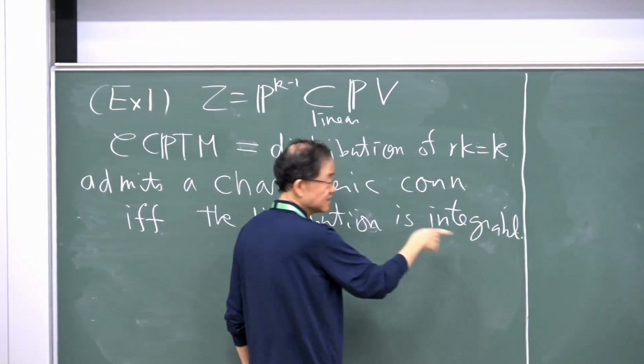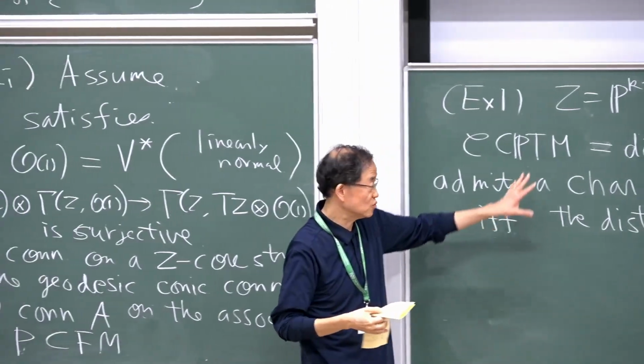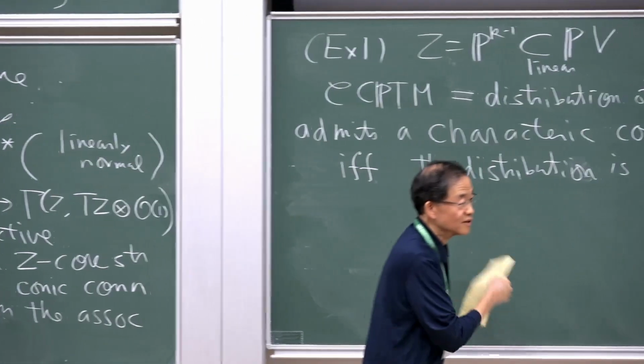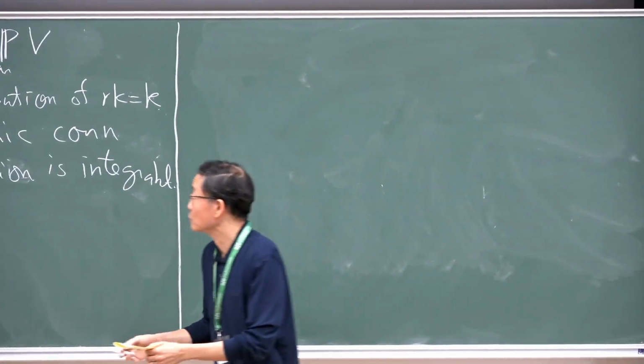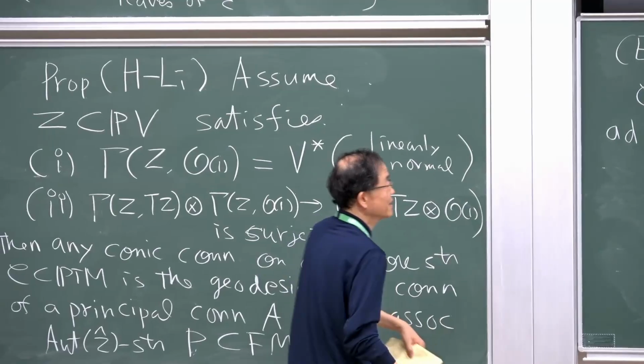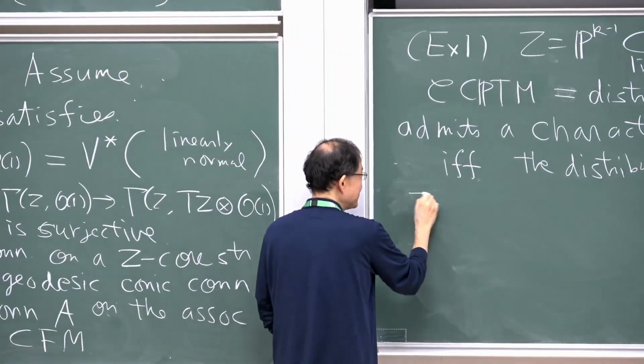So the existence of a characteristic connection is equivalent to integrability of the distribution. Now, there's something interesting one can say, because of some standard algebraic projective geometry.